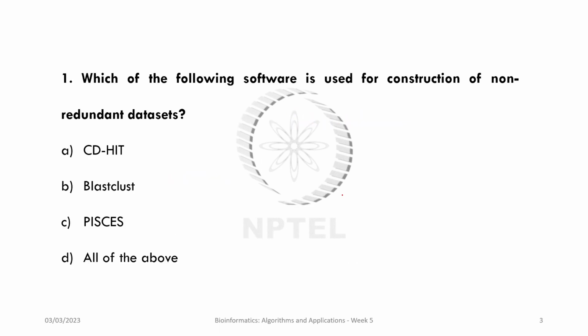Okay. So let's start with question 1. Which of the following softwares is used for construction of non-redundant data sets? Option A, CD hit. Option B, blast clust. Option C, Pisces. And option D, all of the above.